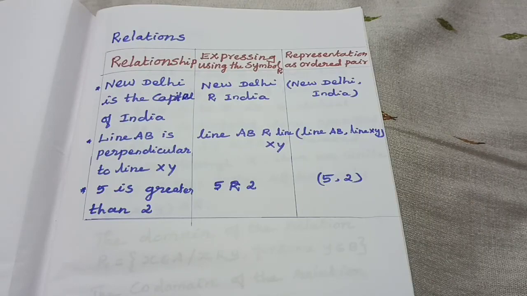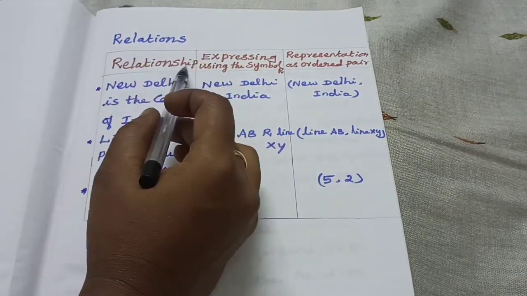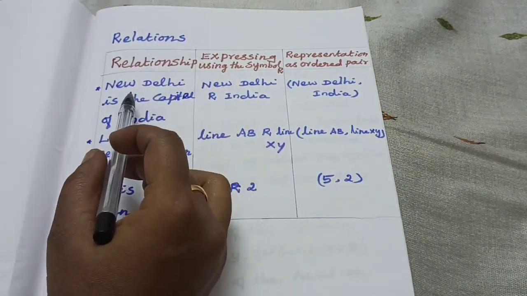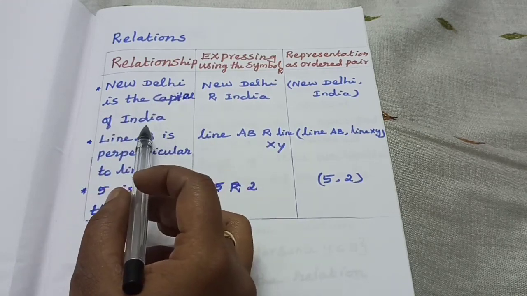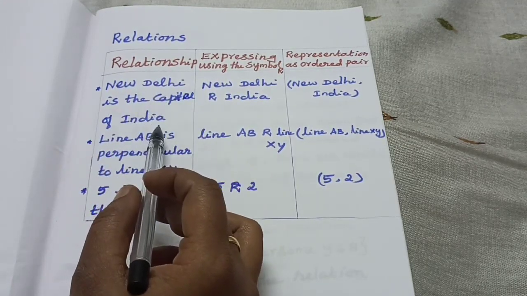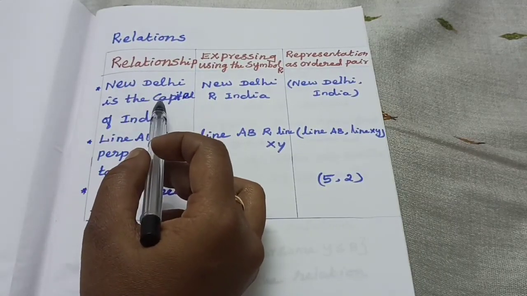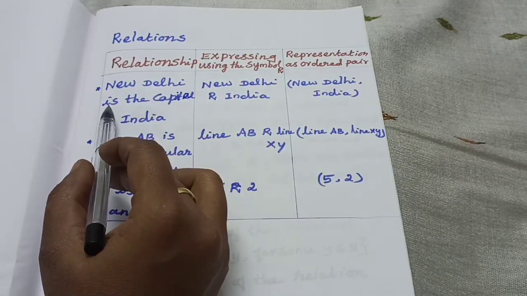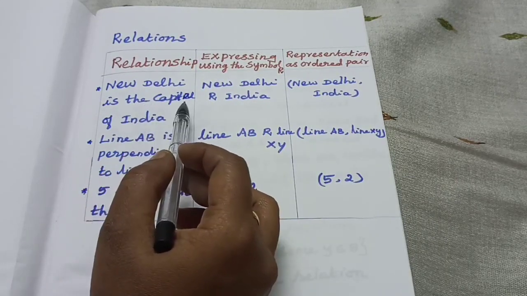For example, New Delhi is the capital of India. Then this is one relation, isn't it? Which is the relation here? Capital is the relation.